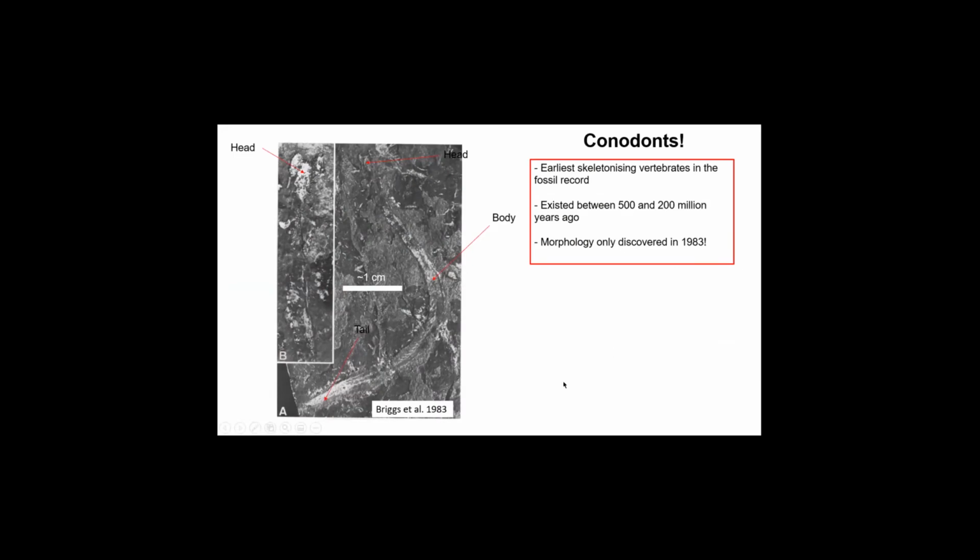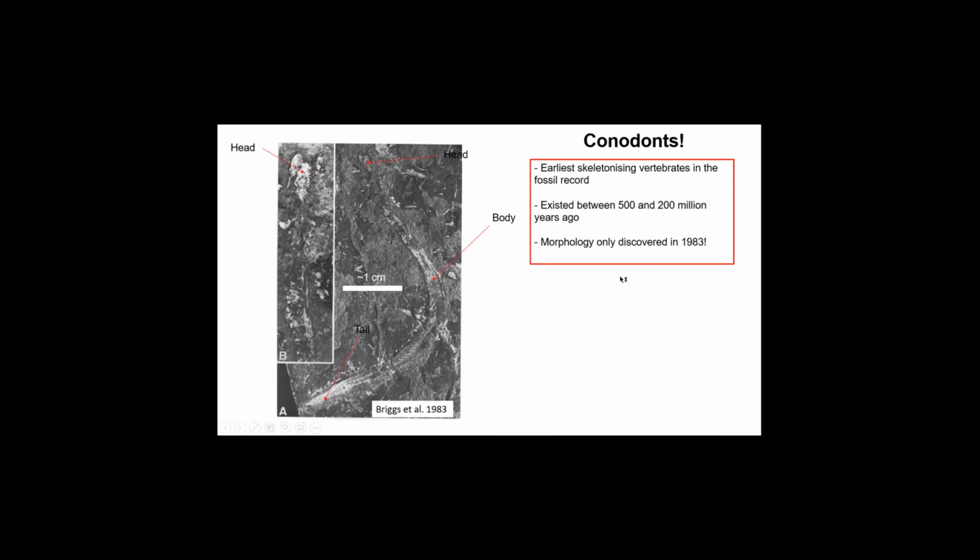These are really small, note the scale there, elongate eel-like animals that evolved about 500 million years ago during what we call the Cambrian period, and disappeared around 200 million years ago at the start of the Jurassic period, or basically when all the dinosaurs started to evolve.